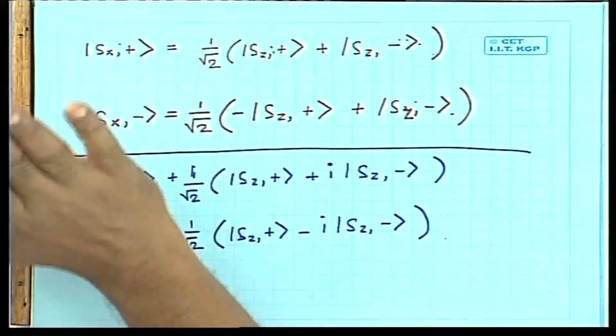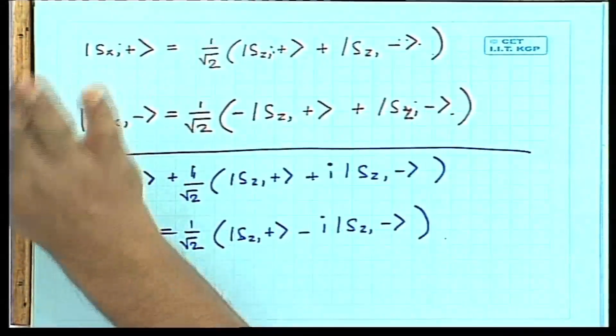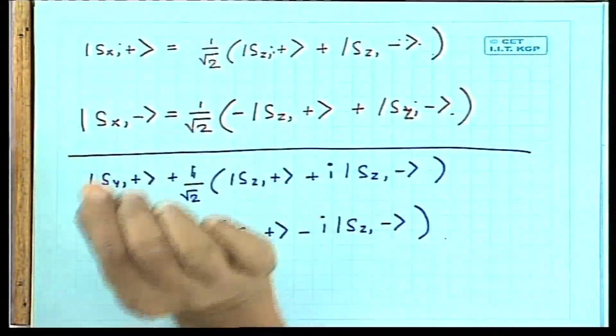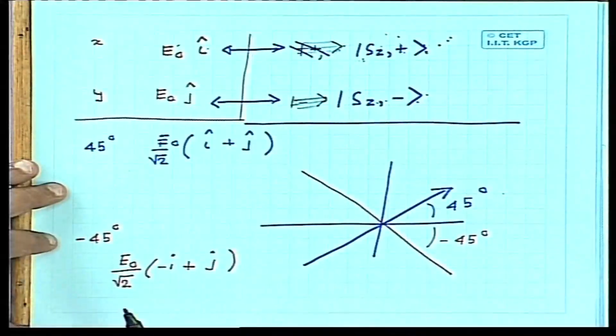And in analogy with the mathematical representation of the polarization of light, any arbitrary polarization state can be expressed in terms of two orthogonal states. So any arbitrary polarization you can express either in terms of light polarized along the x direction and the y direction.